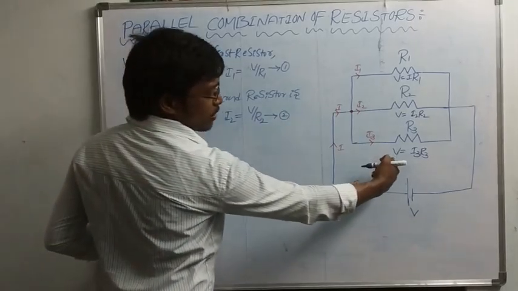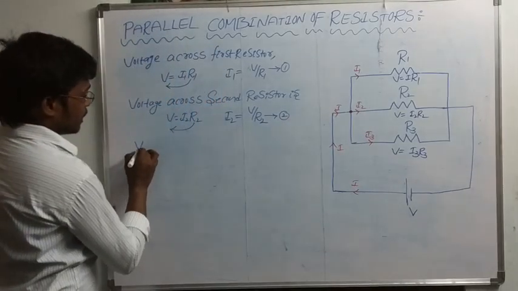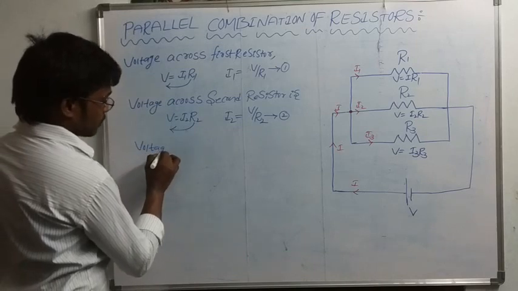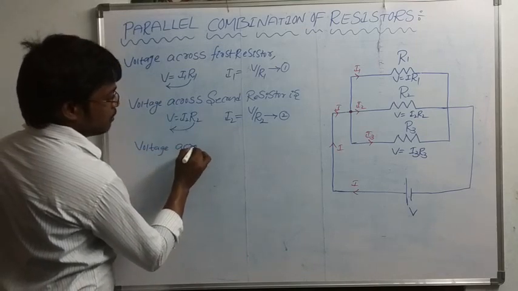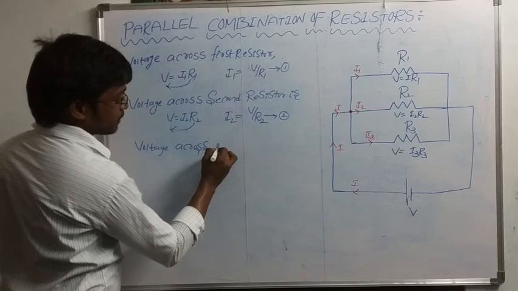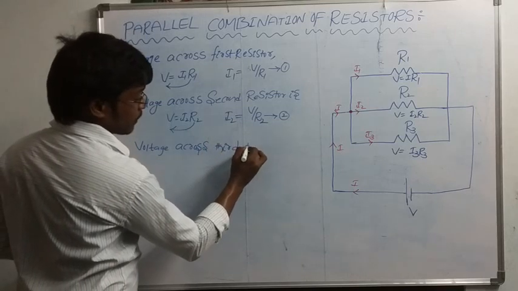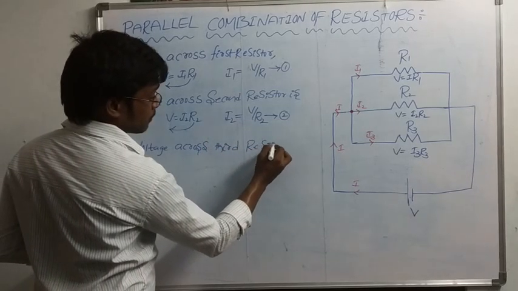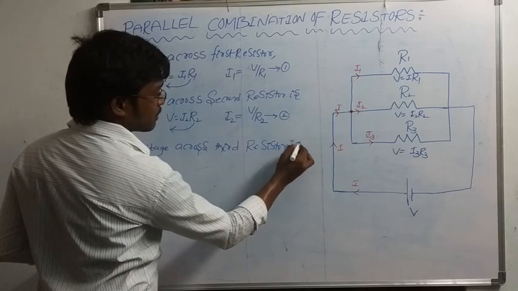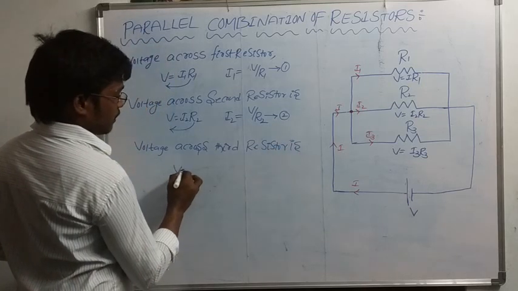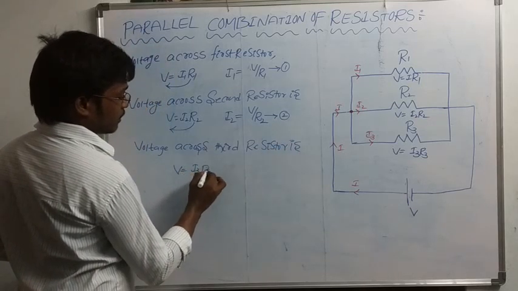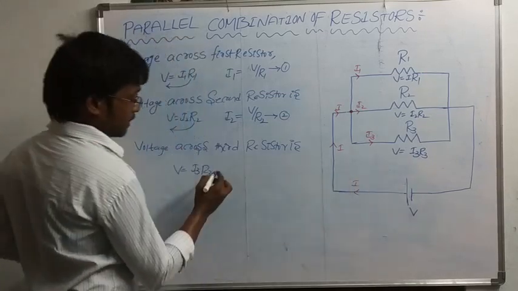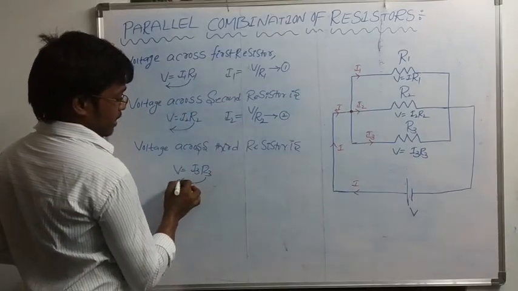Next, the voltage across the third resistor is V is equal to I3 R3. I am sending R3 to this side again.